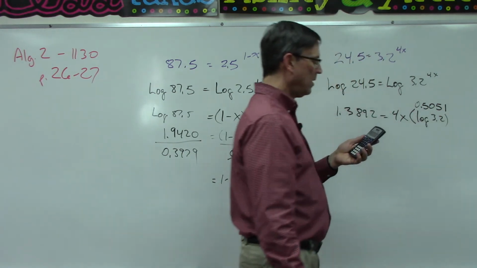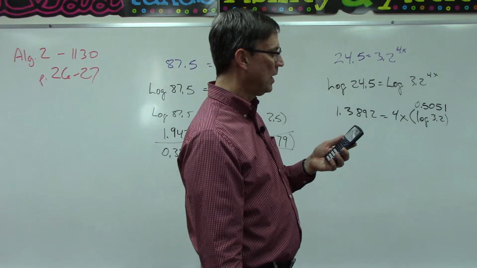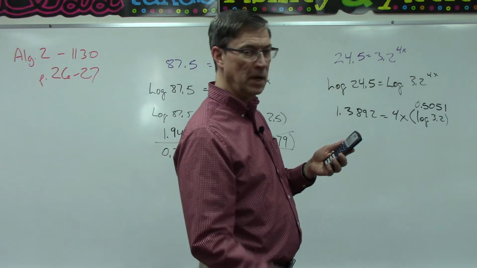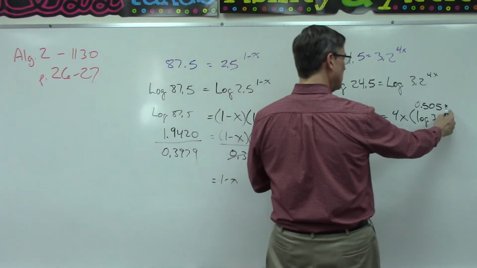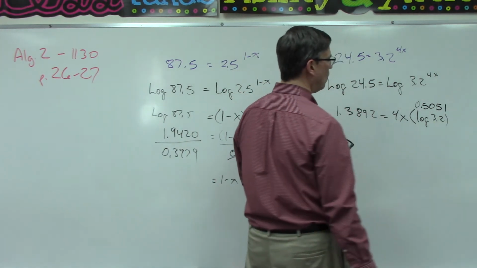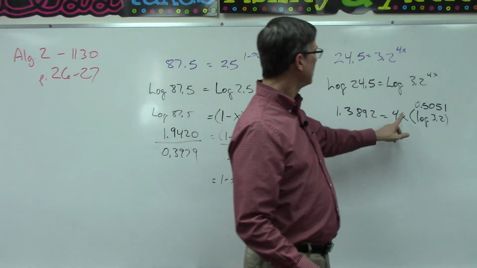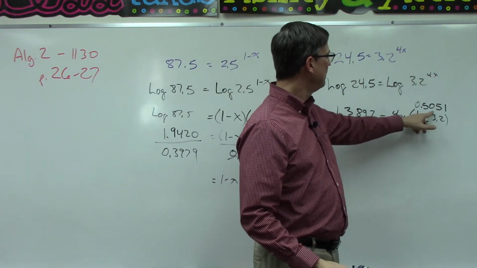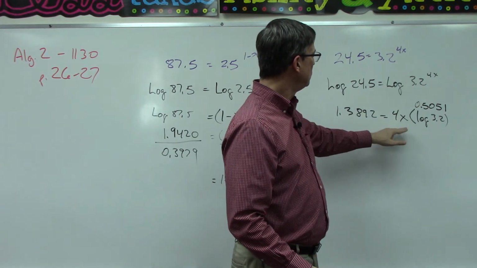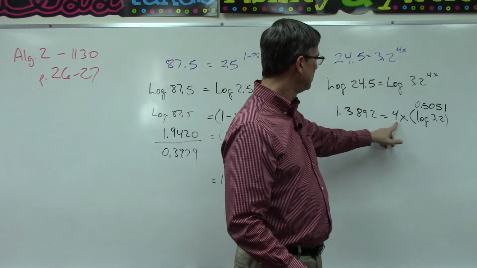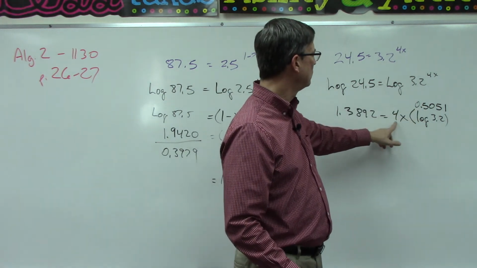Okay. 0.5051. I get 49978 as it continues. But we have to round it off because the next digit is a 4, so we round that off to the 1. Okay, so now to solve for x, we just go ahead and multiply 4 times that, all right? And then the last step is you take that number that you get, which looks like it's going to be close to 2. 4 times 0.5 is like 2.